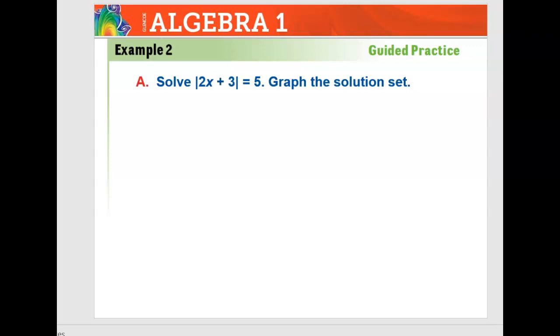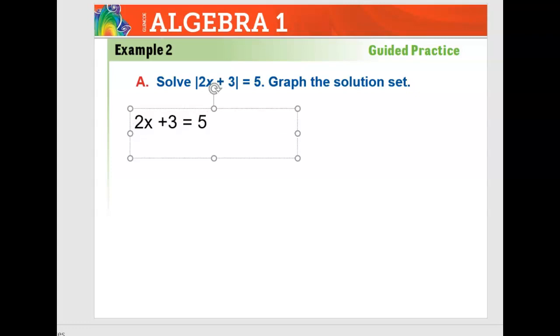So what we're going to do is type on each of those. You're going to split it into two parts. You're going to have your case 1, which is the positive. So you have 2x plus 3 equals 5, and then you're going to solve for your x value.